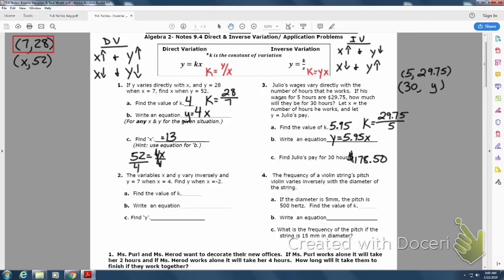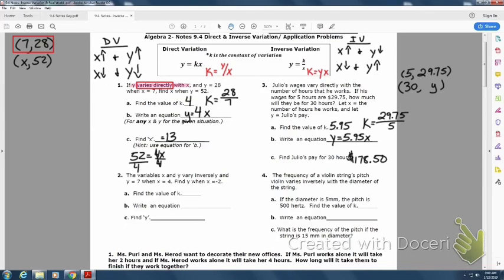Now, jumping back to problem number 1, I want to talk about this right here, that sentence that I have highlighted. The way that 99.9% of these problems are going to be written, whether it's one like that or a word problem, the y value, the dependent variable, is going to be stated before you see the words varies directly.